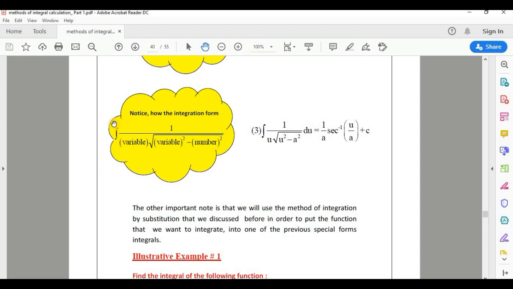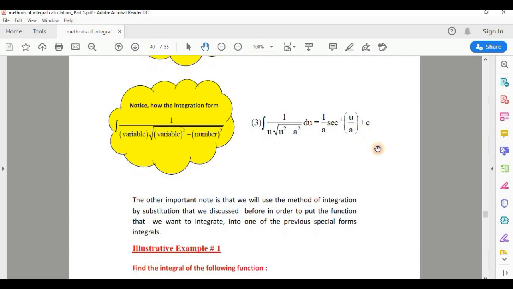It will be the integral of 1 divided by a variable multiplied by the square root of the variable to the power 2 minus a number to the power 2. If we see any integral in this form, the result will be directly inverse sec. And here it is 1 divided by a, multiplied by inverse sec, and for the angle it will be u divided by a.